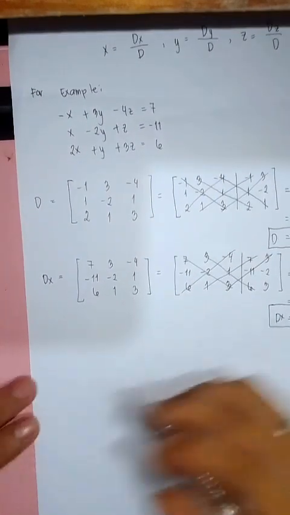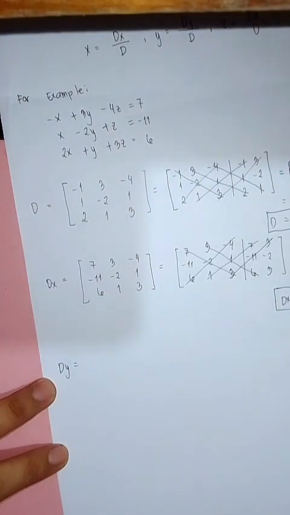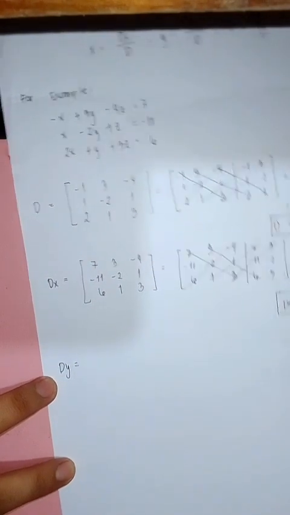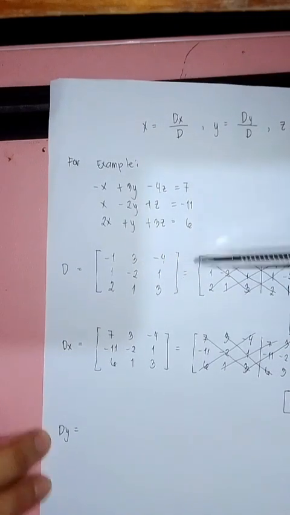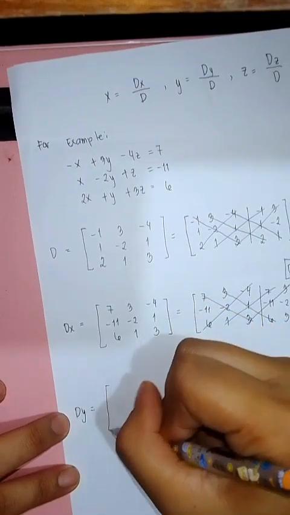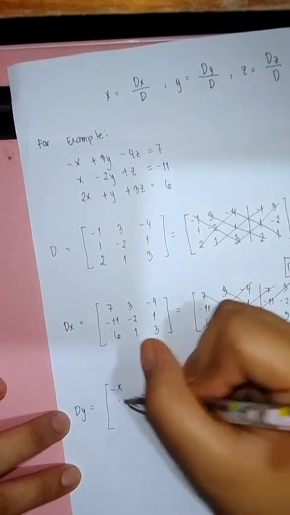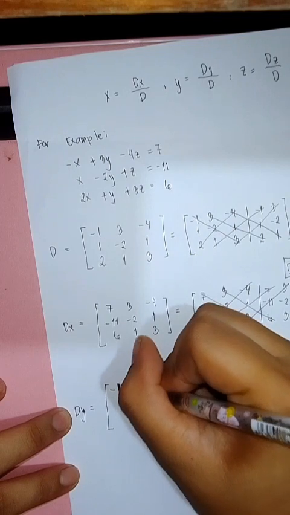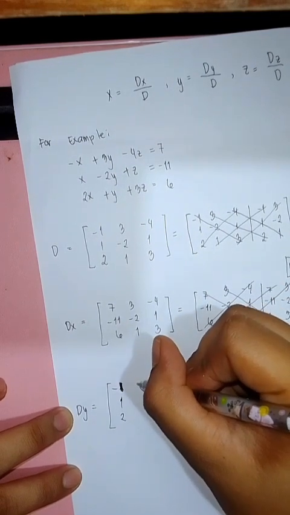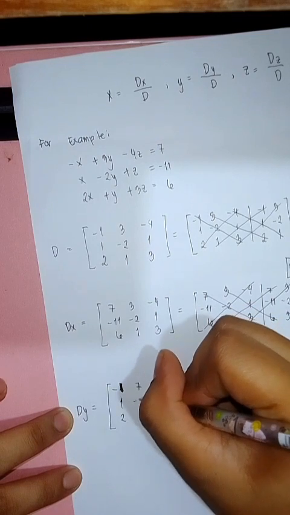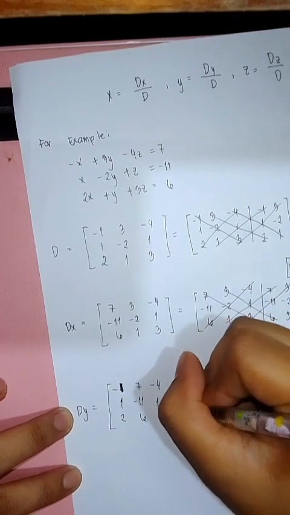Now let's proceed in getting the D sub y. We will just simply replace the coefficients of y with the constants. This will become now negative 1, 1, 2, 7, negative 11, 6, negative 4, 1, 3.